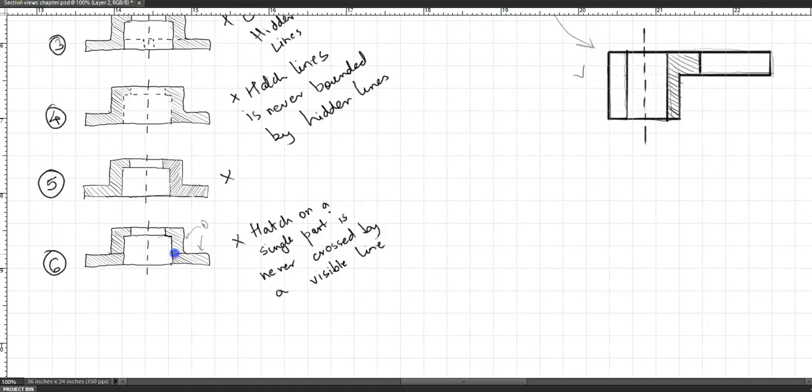If you have a solid line there and here, then that doesn't mean that it's one object. That means there are two different objects. If I had two different hatches, then it would be a different story. Then it would be okay, and I could have that line there. But the thing is, I have just the same object, same material. So I cannot have two different hatches, or I cannot have the solid line, because the same hatch is not going to be crossed by a visible line.